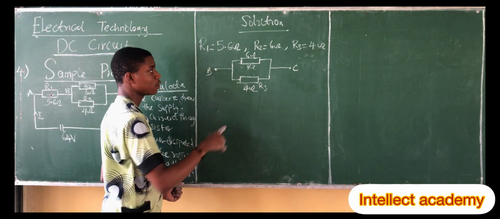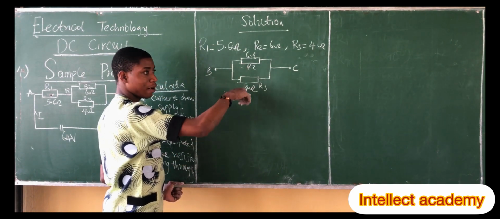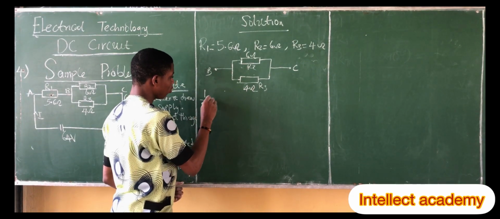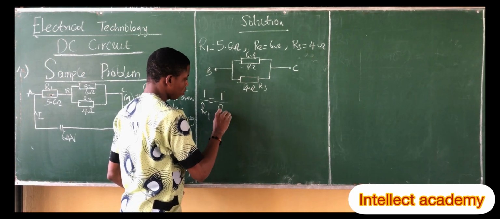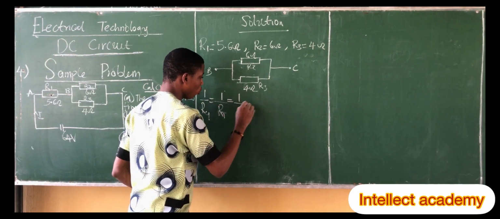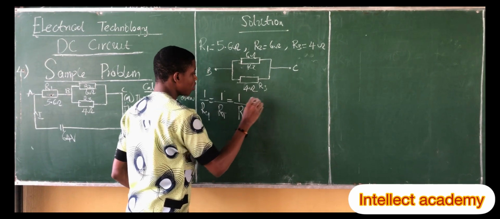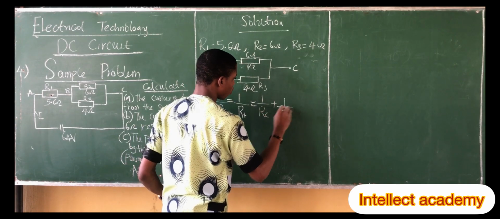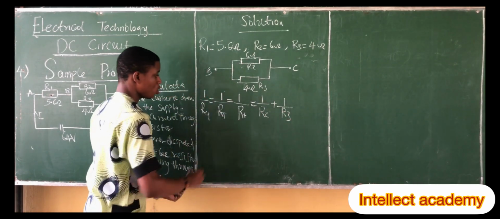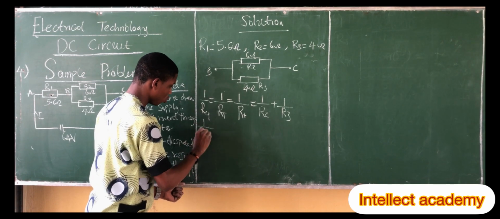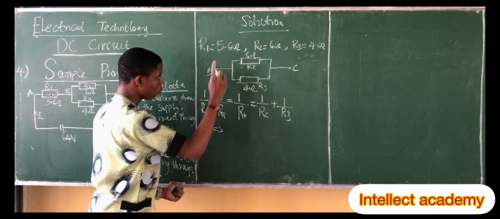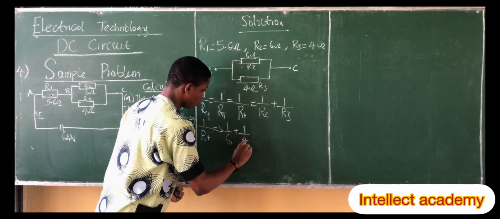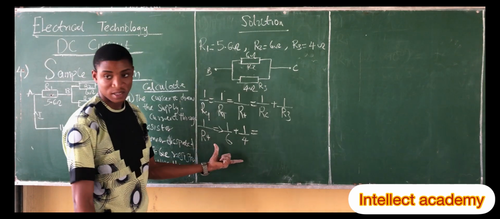In the case where we have parallel, the formula is R total, which is R4, equal to 1 over R2 plus 1 over R3. So we have 1 over R4, the equivalent, equal to 1 over 6 plus 1 over 4. When you punch this, what will you have?